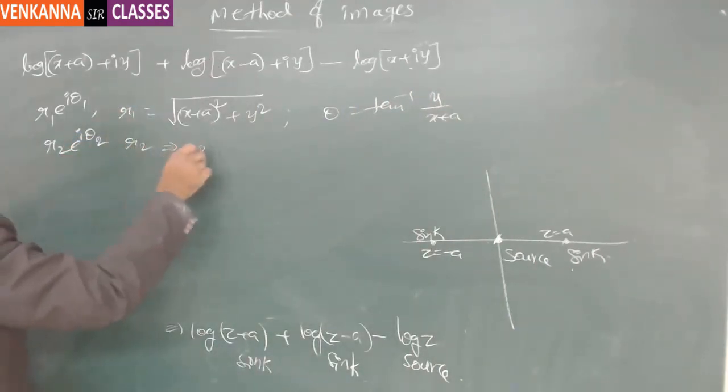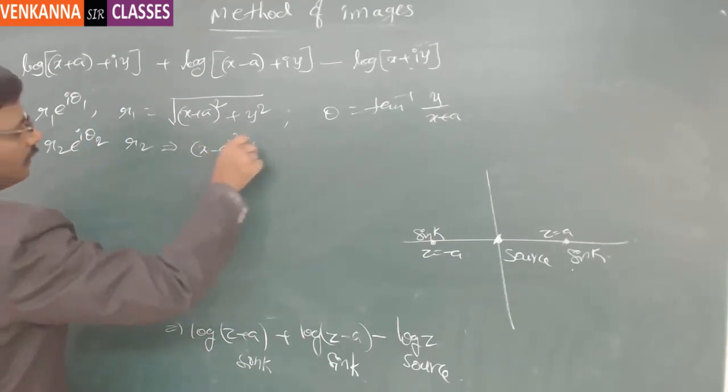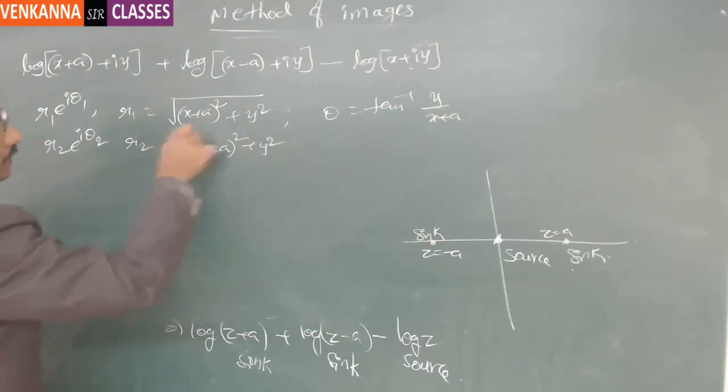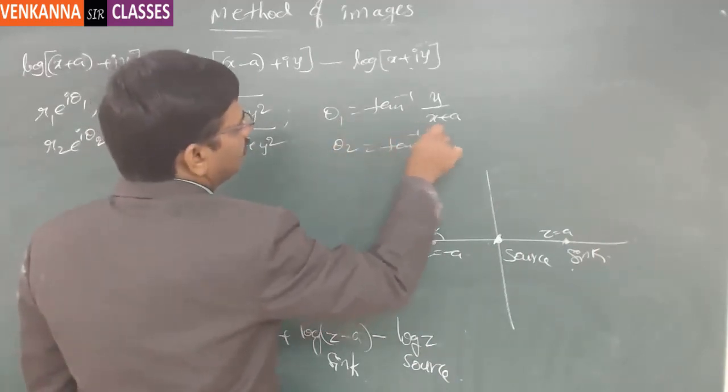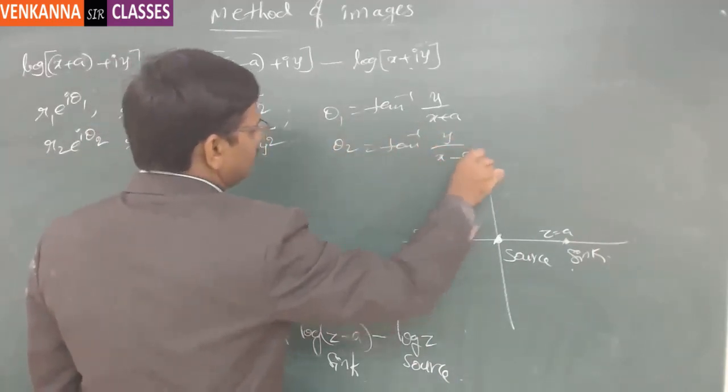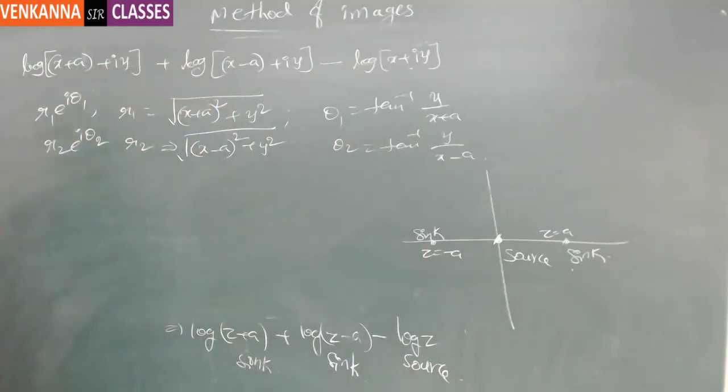So r2 is equal to the square root of (x minus a) whole square plus y square, and theta 2 is equal to tan inverse of y by (x minus a). And then the third one is r3 e power i theta 3.